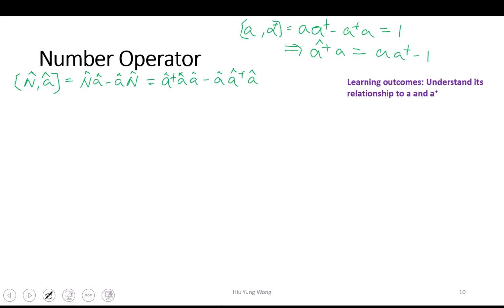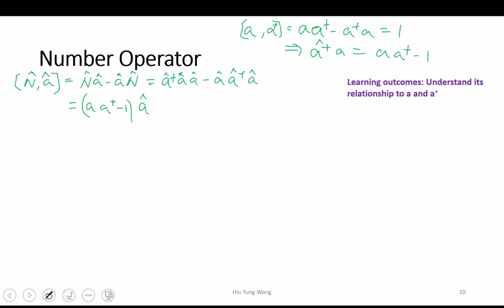So my goal is to do a substitution, right? I have A dagger A at the front, I substitute A dagger A by A dagger A minus 1.